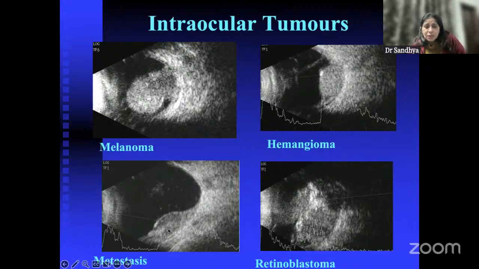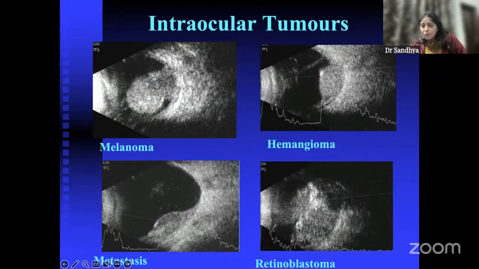Metastatic lesions are also low in reflectivity. The internal reflectivity may be a little low, but a little uneven also. You see, this area is a little highly reflectile, but the other surrounding areas are low reflectivity areas. So they're a little uneven, not as even as a hemangioma. You see, this hemangioma is totally even.